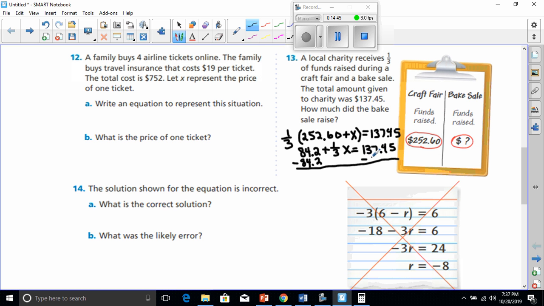So I'll have to subtract 84.2 from this side. That's going to leave me with 5, 2, 3, and 5 again. So I'm left with $53.25 equaling 1/3 x.